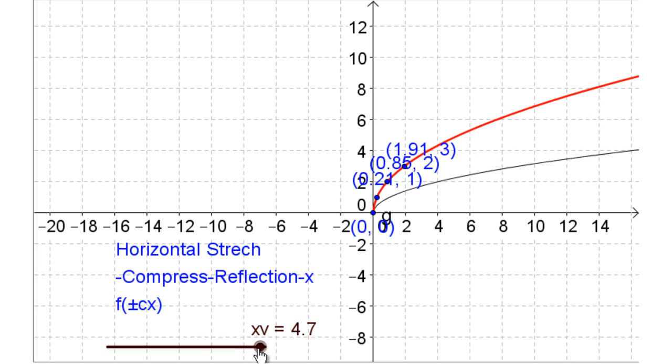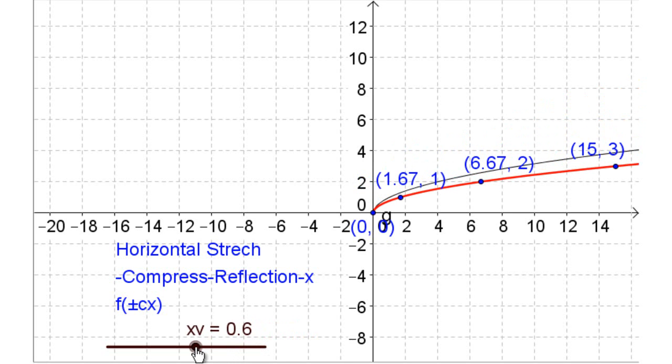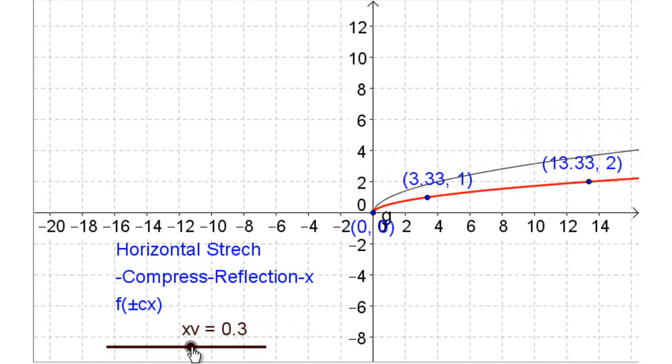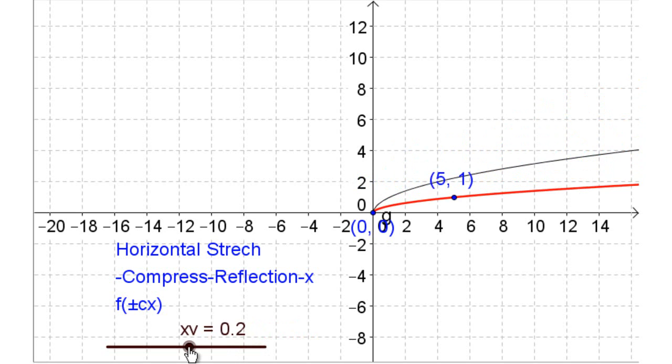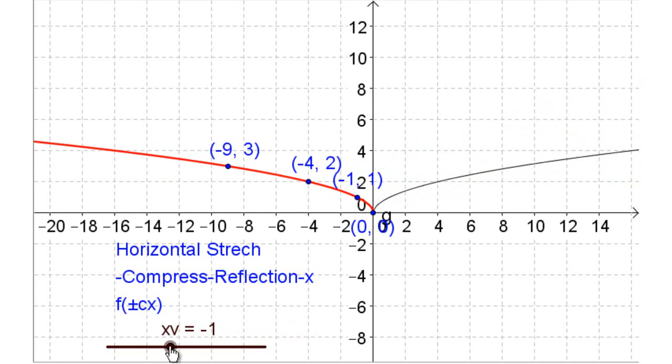However, if you multiply by a number less than 1, suppose 0.6, 0.3, it's a stretch, horizontal stretch. Okay, now what happens when it's negative? Specifically negative 1 here, it is a reflection.